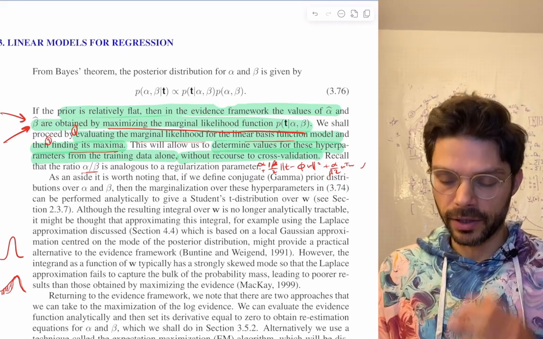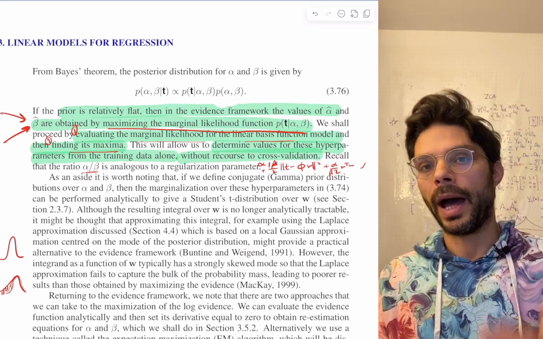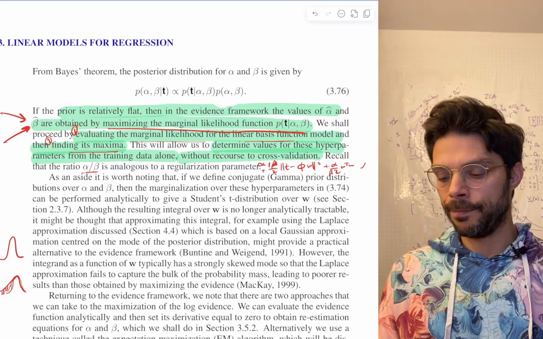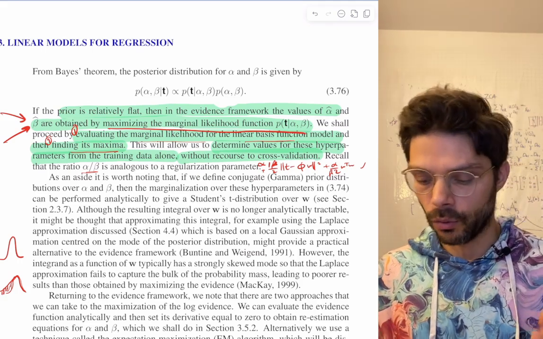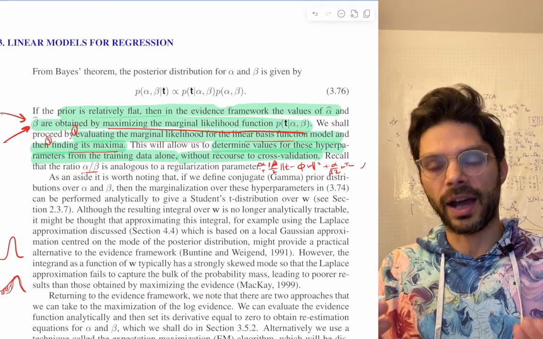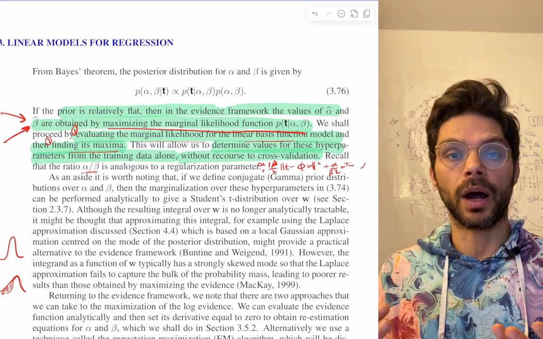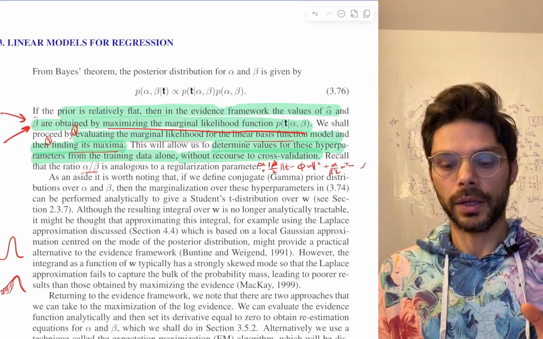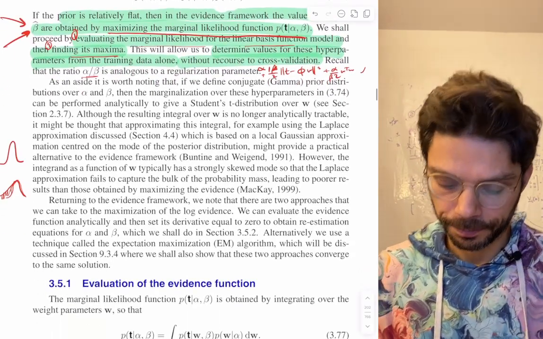But it turns out, and this is one of the key things, you have to check whether your approximations work. We can always approximate things. How good is the approximation? It turns out that particular approach doesn't actually work very well, and this evidence approach seems to produce better approximations. But again, you always have to check these things. So come up with the approximation, but then also check it.